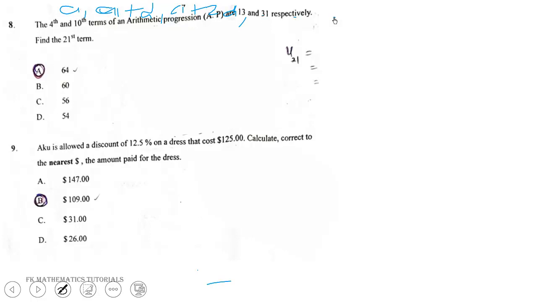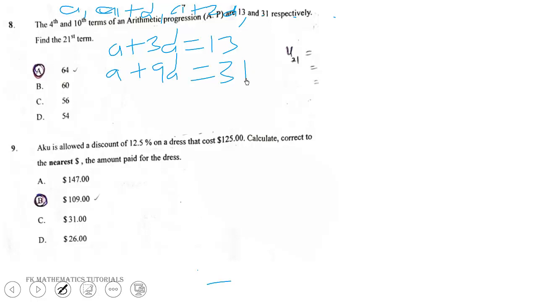So we're told that the 4th term, which is a plus 3d, is 13. And the 10th term, which is a plus 9d, is 31. We have to find the 21st term.